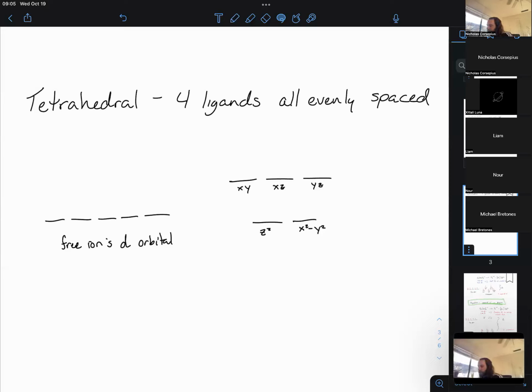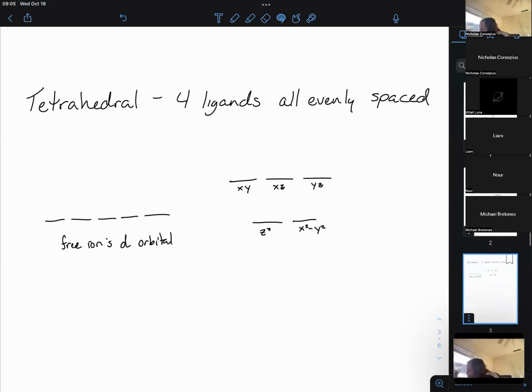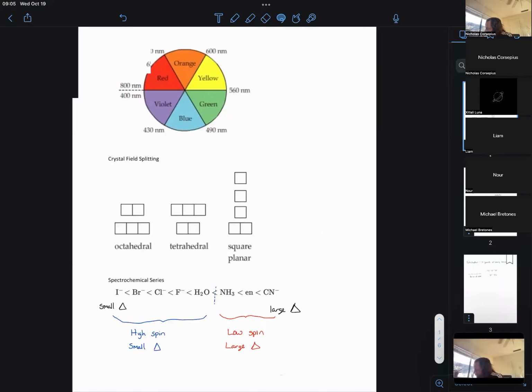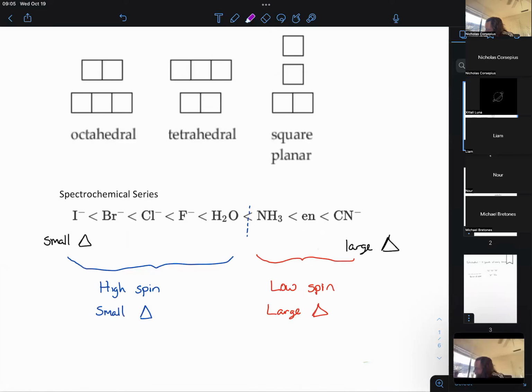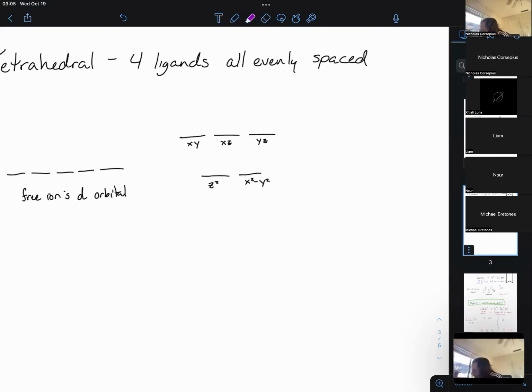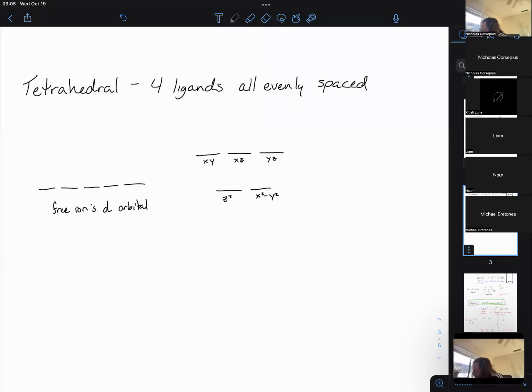With our octahedrals, we had to consider the ligand identity because some of our ligands were called high spin ligands and other ligands were called low spin ligands, and that influenced how we filled in our diagram. For the tetrahedrals, because those ligands are all evenly spaced and there's only 4 of them instead of 6, this crystal field splitting energy is always small.